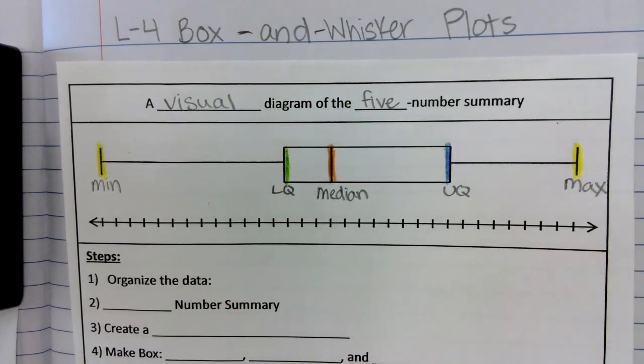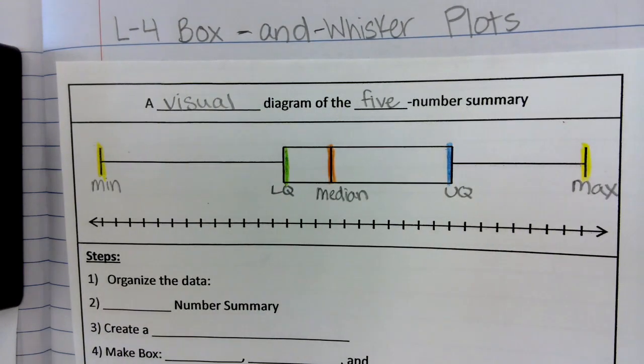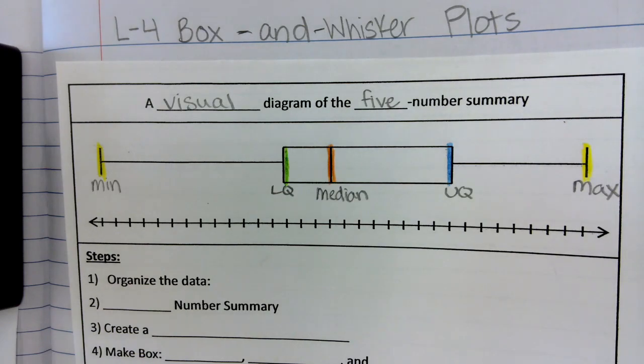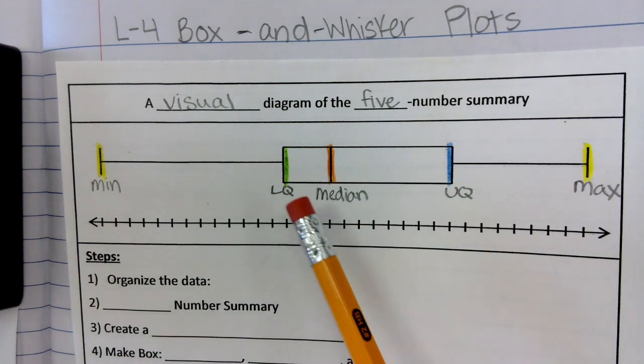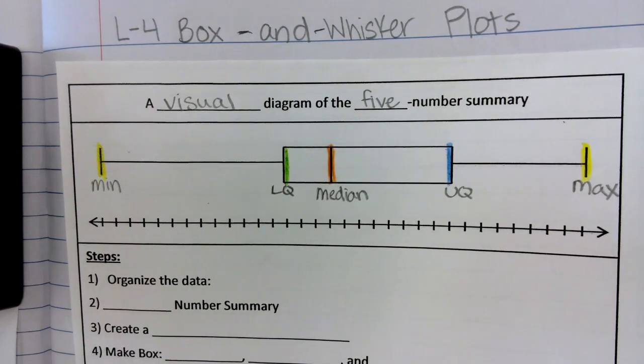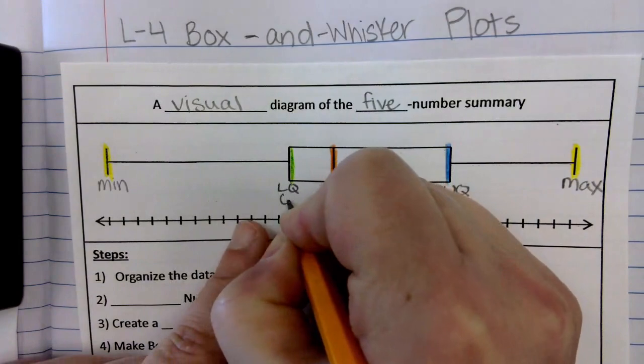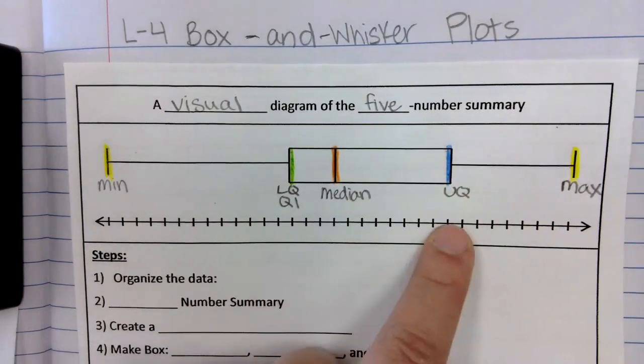What were our other words for that? Look back if you need to. What was another name for our lower quartile? Quartile 1. And what was another name for upper quartile? Quartile 3. Good.